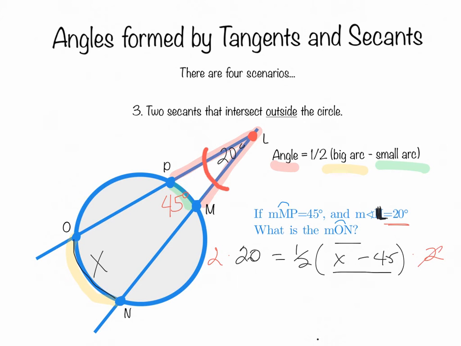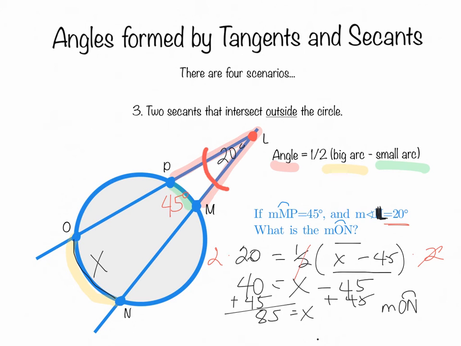And that cancels out our fraction. So we end up with 40 is equal to X minus 45. Just doing the algebra, we add 45 to both sides, and we get 85 is X. So the measure of arc ON is 85 degrees.